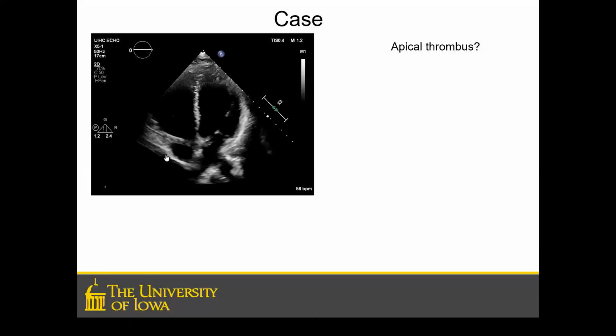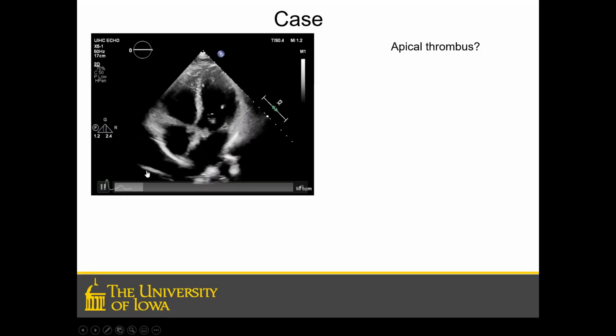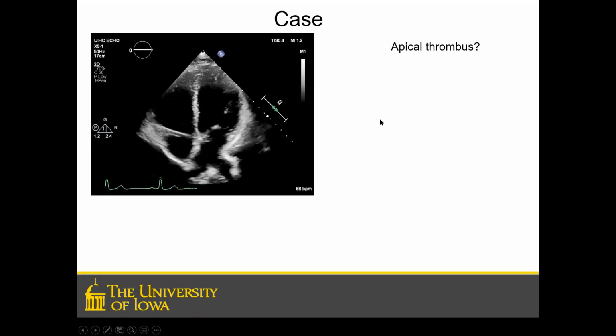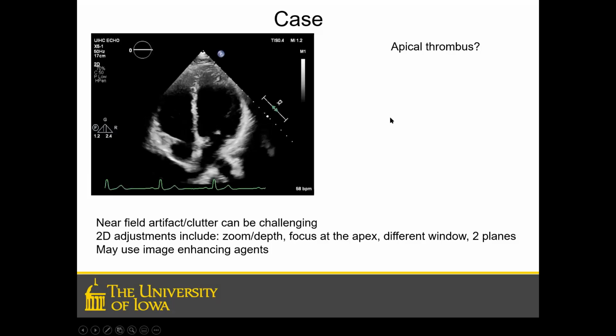So another case, going back to our physics talk, the question being, as often is the case, is there apical thrombus or not? So often we want to think about contrast. I just want you to think about the things that we need to do for 2D adjustments first before we go to contrast or image-enhancing agents.